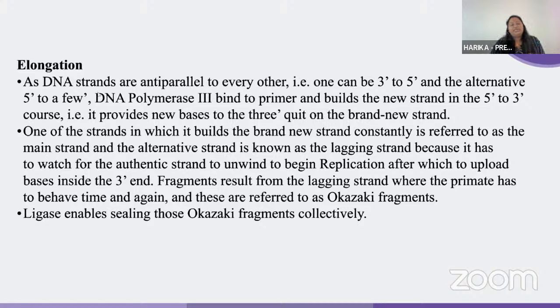As the DNA strands are anti-parallel, 3 dash to 5 dash and 5 to 3, DNA polymerase 3 binds to the primer and builds a new strand anti-parallel to it, forming 5 dash to 3 dash, and likewise for the other strand too. So one strand will be our old one and the other one will be new.